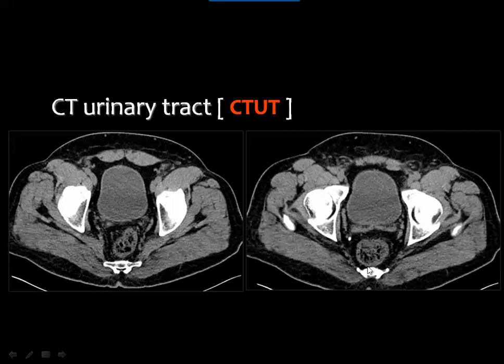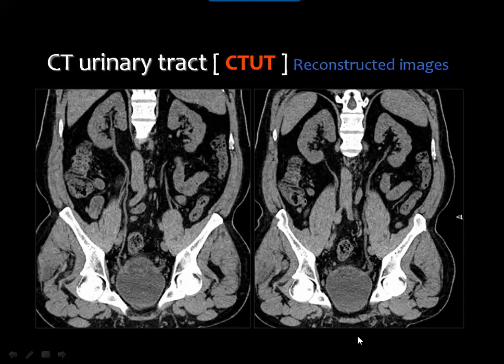Sometimes you are confronted by a small radiopaque shadow here, and you think whether this is a calculus in the distal part of the ureter or it is a pelvic phlebolith. So these two images are very important, which are performed by the technician.